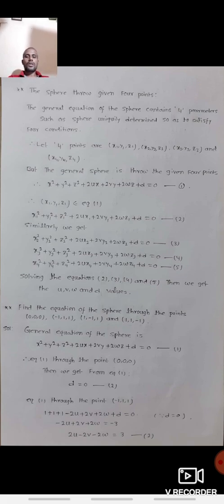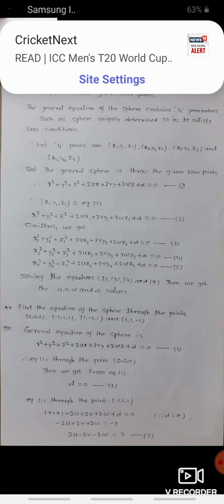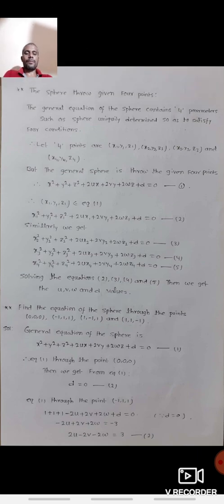Now solving equations 2, 3, 4, 5, we get the values of u, v, w and d. After that we substitute the values of u, v, w and d in equation 1. Then we get the required sphere equation.